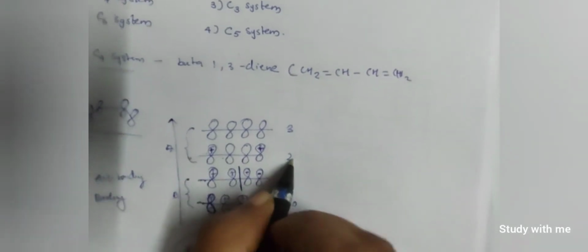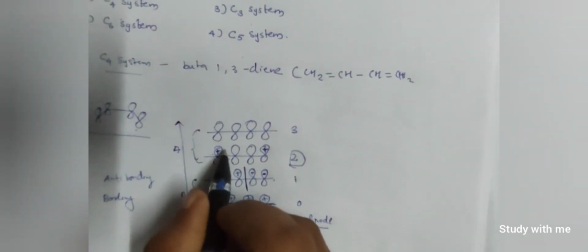And here we know there are two nodes. So where can the two nodes be introduced? Here and here. If this becomes a negative sign, then a node can be introduced here. And if it is negative, here will not have a node, and also here a node can be introduced.